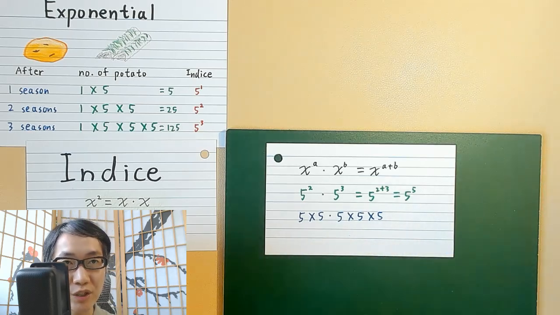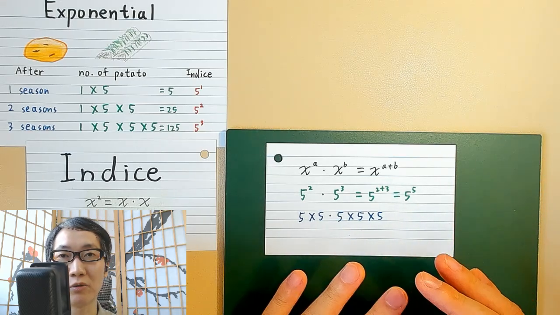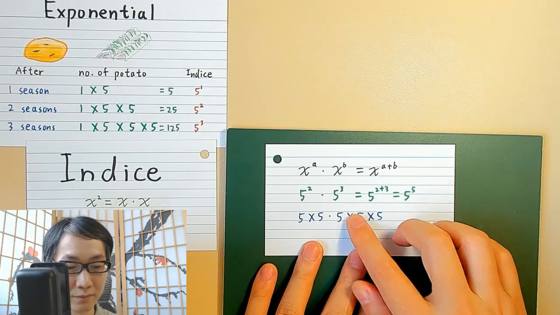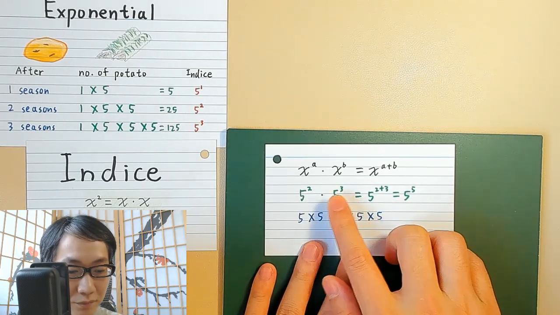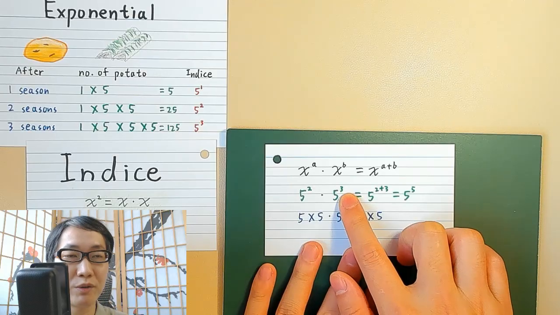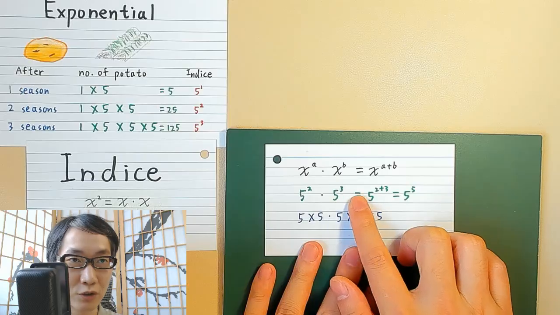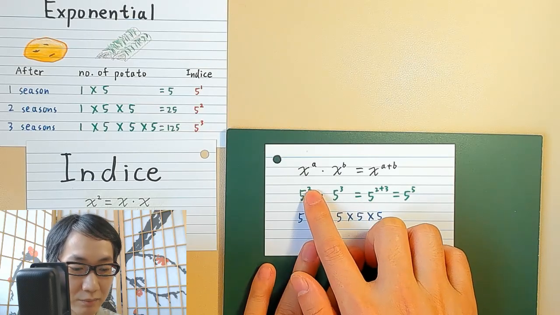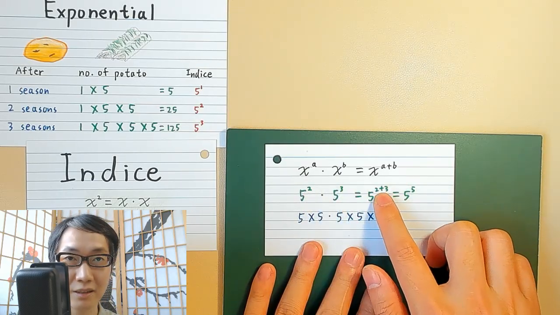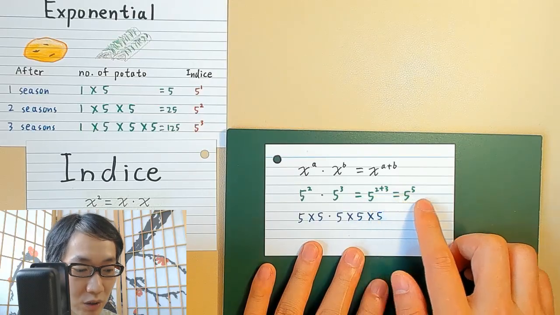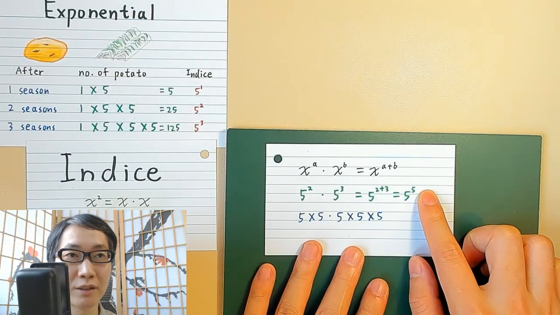Every season we invest all the potatoes back into the field, so it's equivalent to doing it for 5 seasons. So we just add up the 2 and 3 in the index, and the power will be 5.